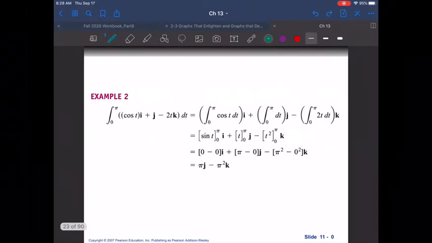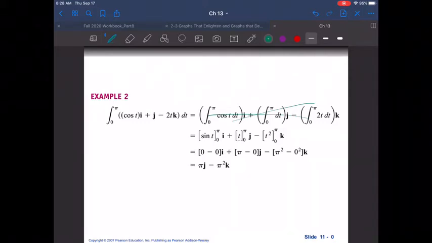So let's take a look at another example. This one is of doing a definite integral. Again, you can probably skip this step and hop right on to this line, where we've done the integral of each one individually. The integral of cosine is sine. This is just a 1, and the integral of 1 is just t. The integral of 2t becomes just t squared: add 1 to the exponent and divide by the new exponent.